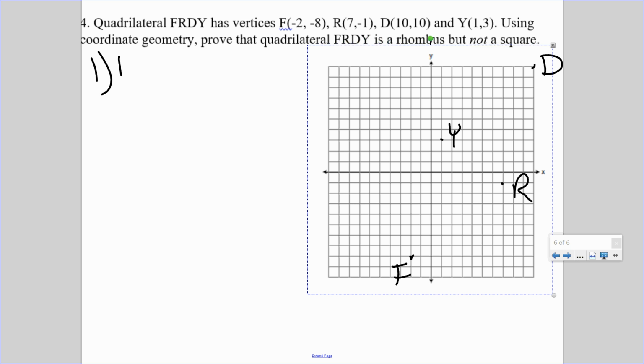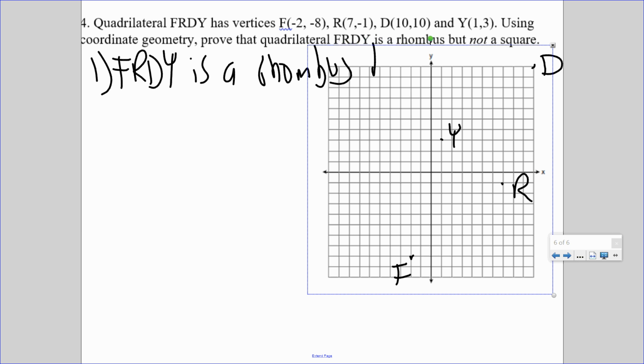So I'm going to start by saying that FRDY is a rhombus but not a square because.